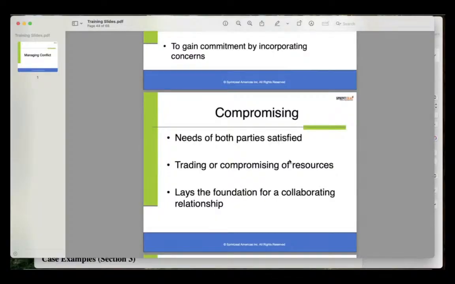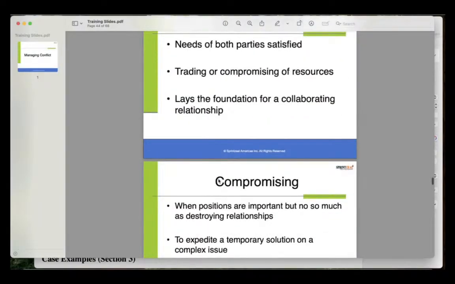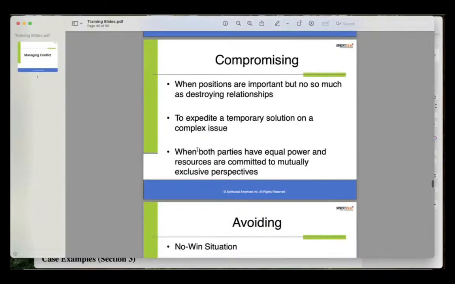Third one is compromising. Needs of both parties are satisfied on trading or compromising of resources. It also lays the foundation of collaboration. When positions are important, but not so much as destroying relationships. When both parties have equal power and resources are committed to mutually exclusive perspectives.